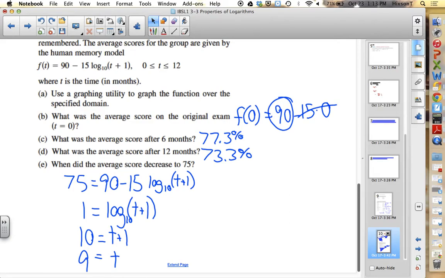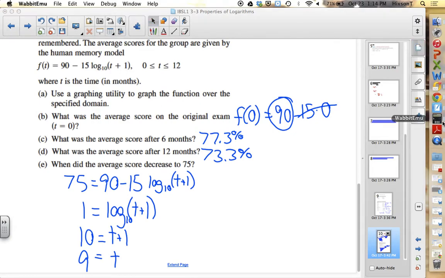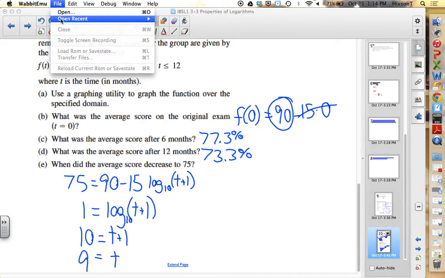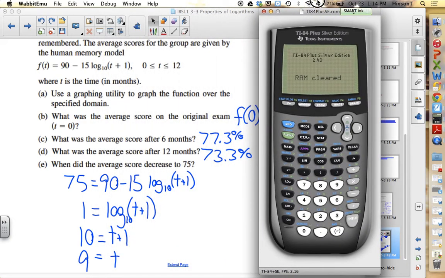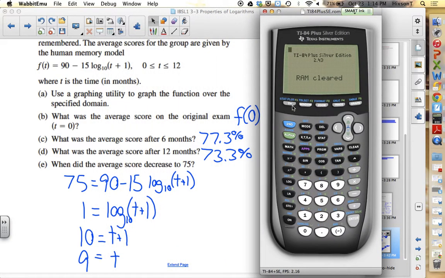One thing on your calculator I wanted to show you, because this is actually a really useful thing, especially when you get into trying to solve or find when functions equal a certain thing and you don't know how to solve it algebraically. Okay? If you're allowed to use your calculator on that part, watch what you can do.